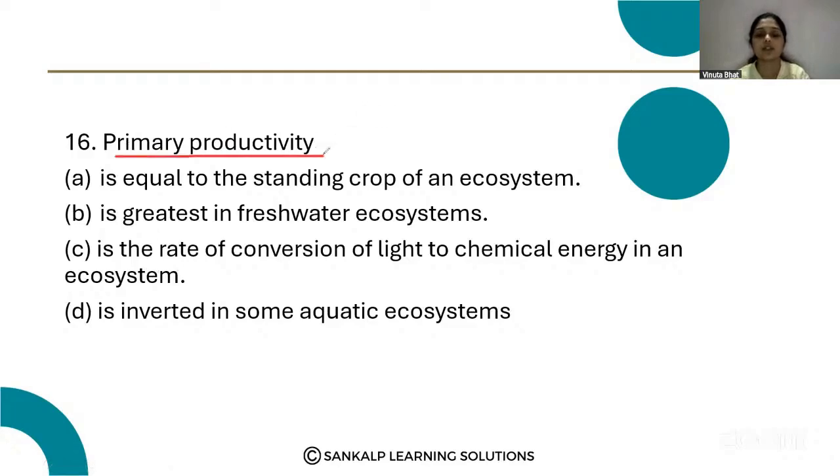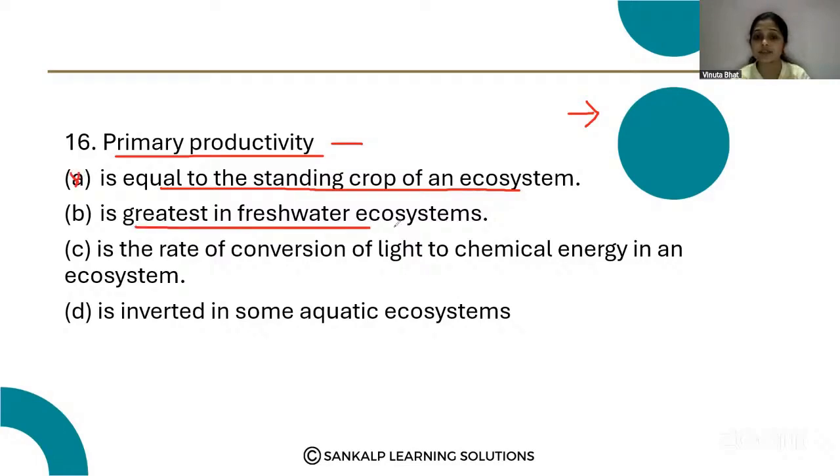Primary productivity means total organic matter produced by the plants. Is it equal to the standing crop of an ecosystem? Standing crop means the total amount of organic matter available in each trophic level at a particular time period. It is not equal to the standing crop of an ecosystem.